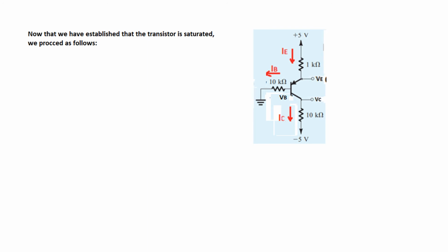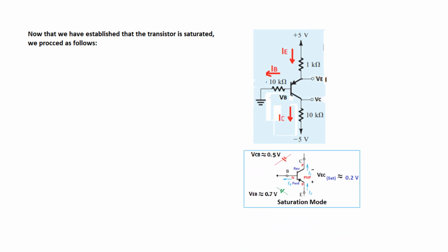Now that we have established that the transistor is saturated, we proceed as follows. The first point we have to keep in mind is that when the transistor is in saturation mode, VEC or VCE will be approximately 0.2. So we'll write 0.2 here and then we'll solve the circuit.